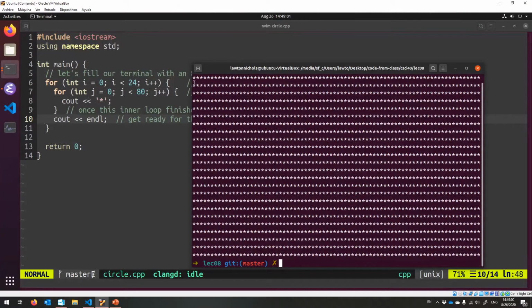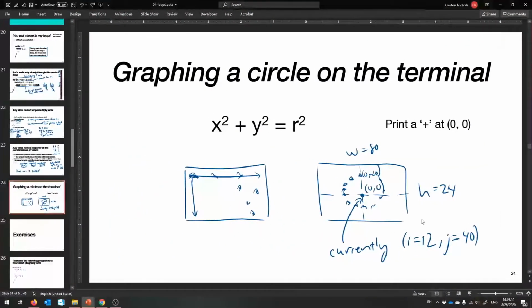That's what we want to work on right now. So notice how I, which line we're on, is kind of like the y coordinate, okay? So I is like y, and that means j is like x. Because when j is equal to 40, we're in the middle here, and that's the x value.